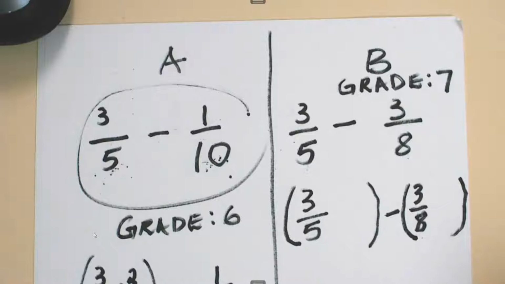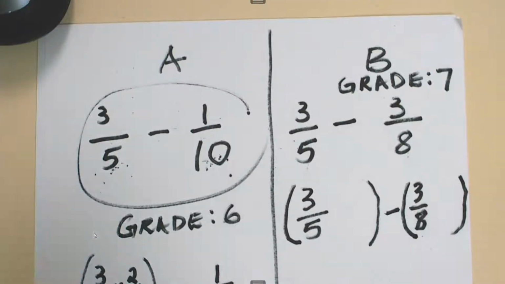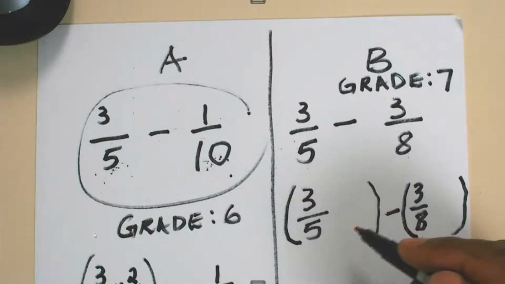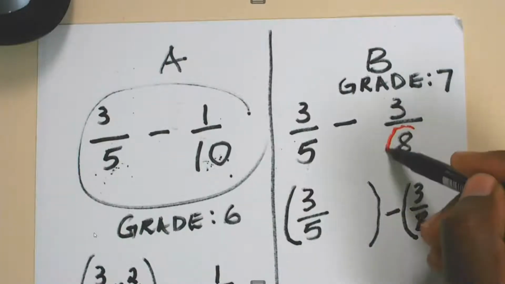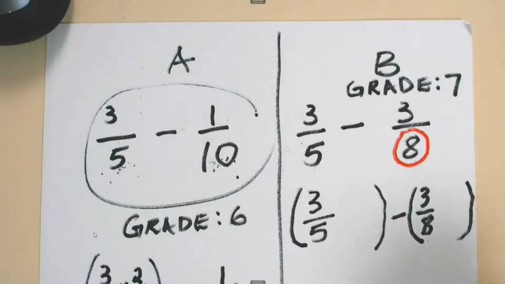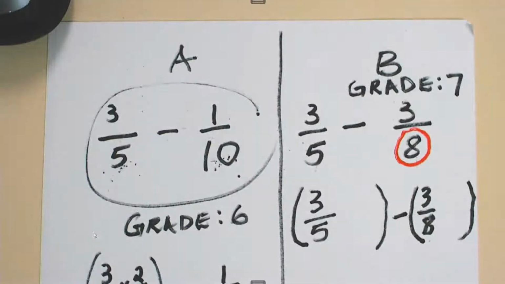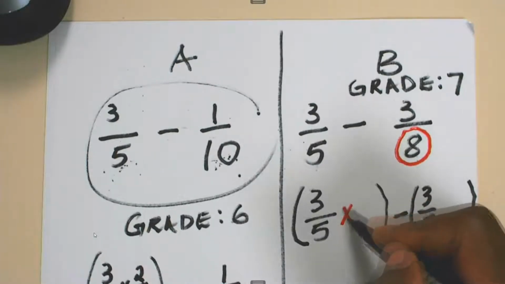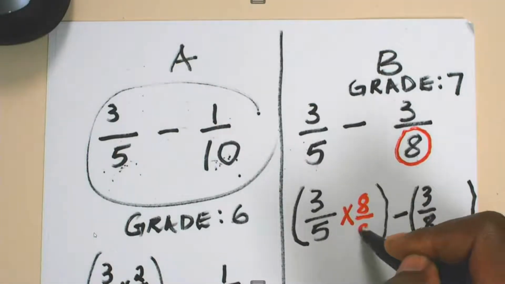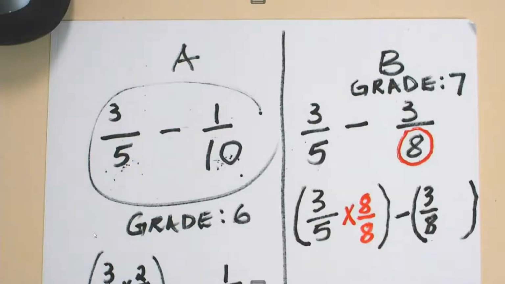Now, this is what is going to happen. On this bracket, we're going to multiply with the denominator of this side. Meaning, we are going to say 3/5 multiplied by 8 out of 8. Where is this 8 coming from?